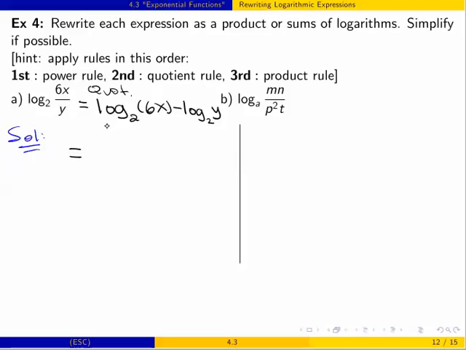When you apply the product rule, this becomes logarithm base 2 of 6 plus log base 2 of x, and we still have this log base 2 of y. This is how you expand a logarithm into a bunch of logarithms being added or subtracted.